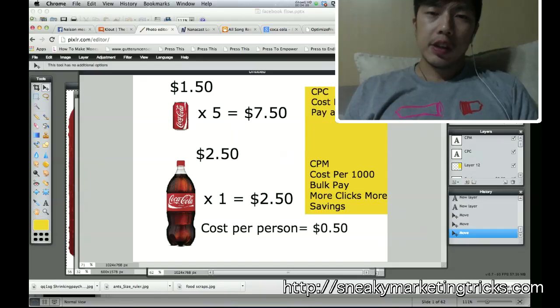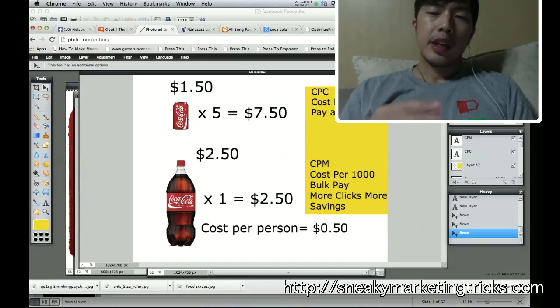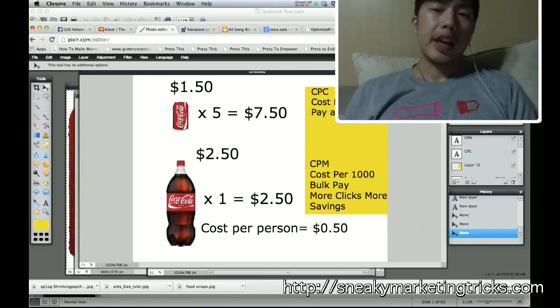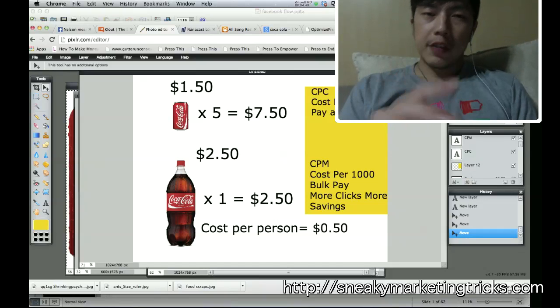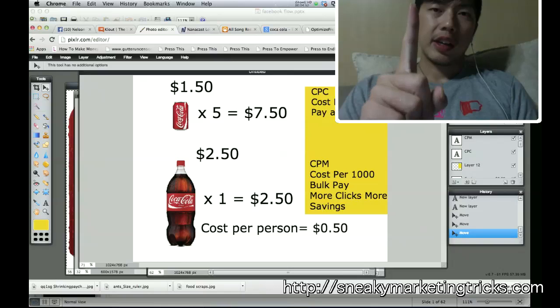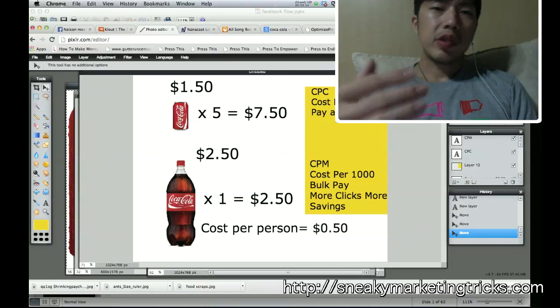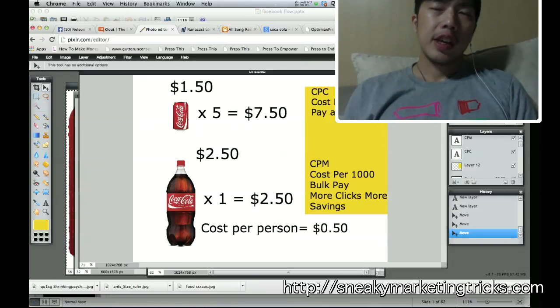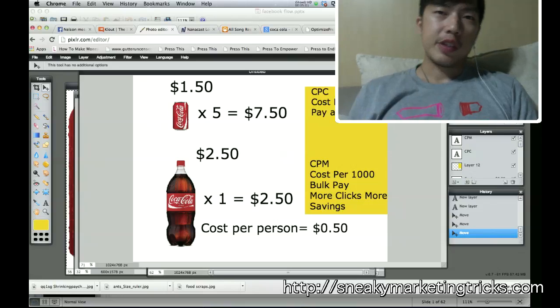But if you go for a different method, the cost per thousand, like bulk paying, there's more savings the more clicks that you get. If there's only one person drinking, it costs 250, but if we have 5 people drinking, it costs 50 cents.